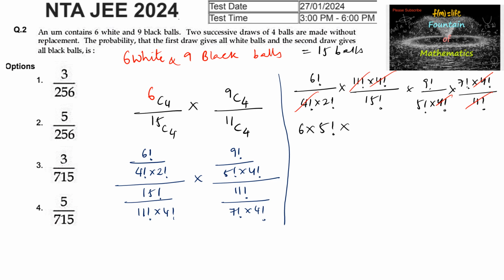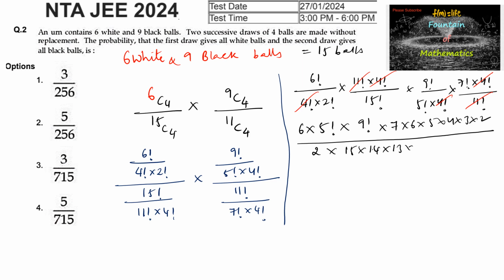And again 9 factorial into 7 factorial, we can write 7 into 6 into 5 into 4 into 3 into 2, divided by 2 factorial which is 2, 15 factorial we can write 15 into 14 into 13 into 12 into 11 into 10 into 9 factorial, and again the denominator here 5 factorial. So we can cancel 5 factorial and 9 factorial.